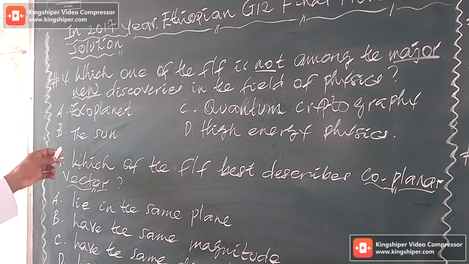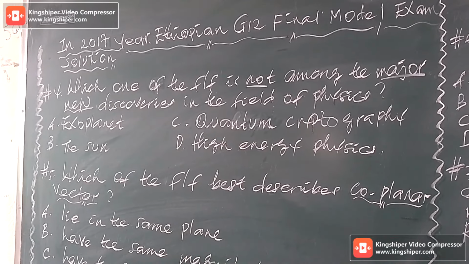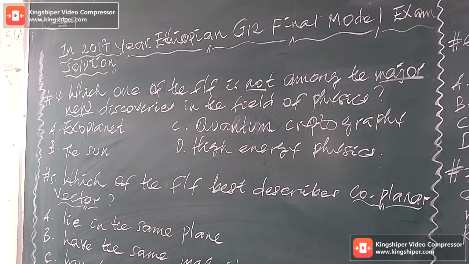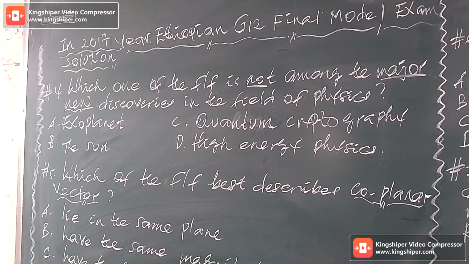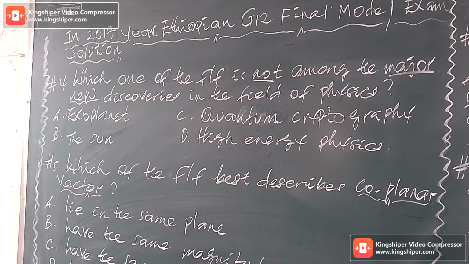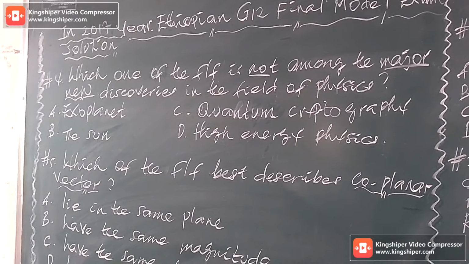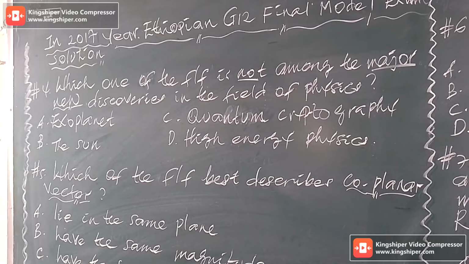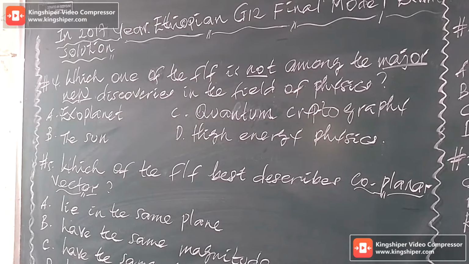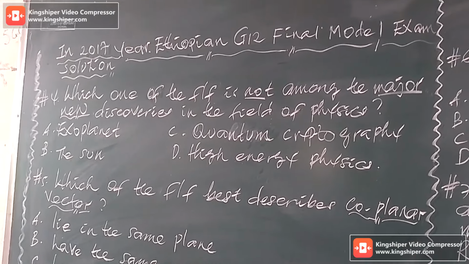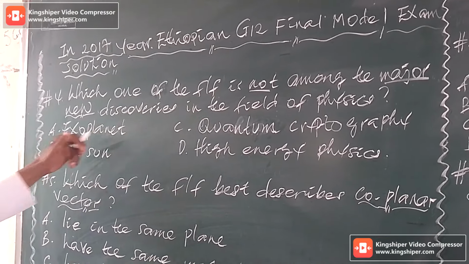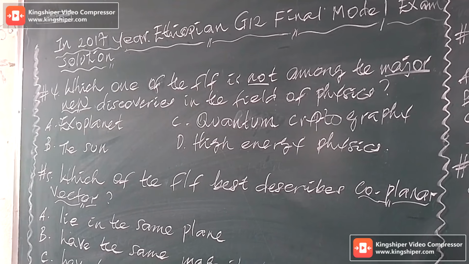When we come to the given alternatives, choice B, the sun, is not a new discovery in the field of physics. It is incredibly important and has been studied extensively. It is not described under the new discoveries.